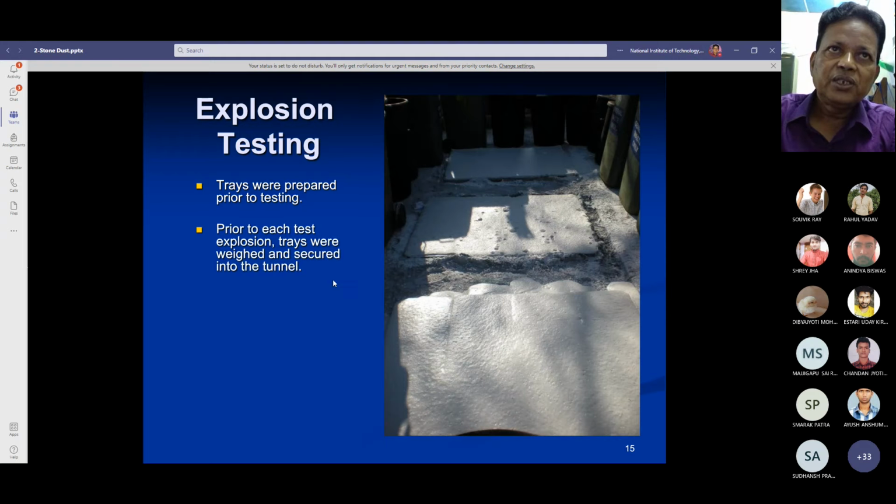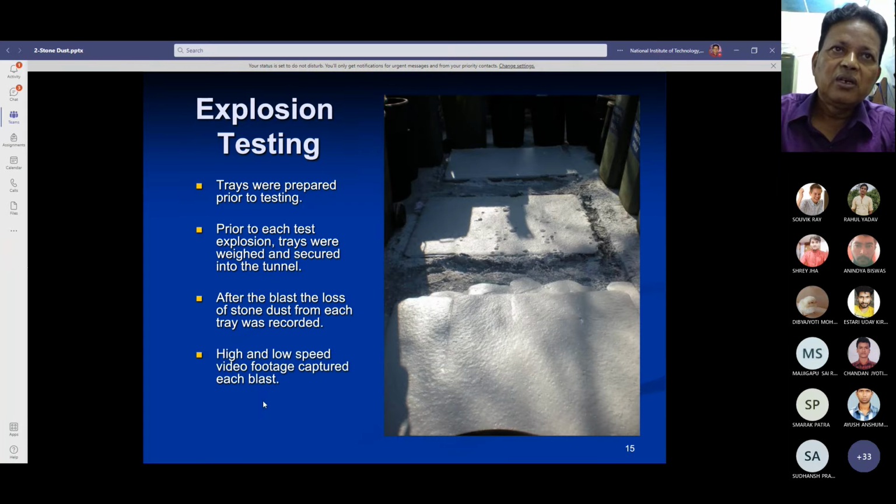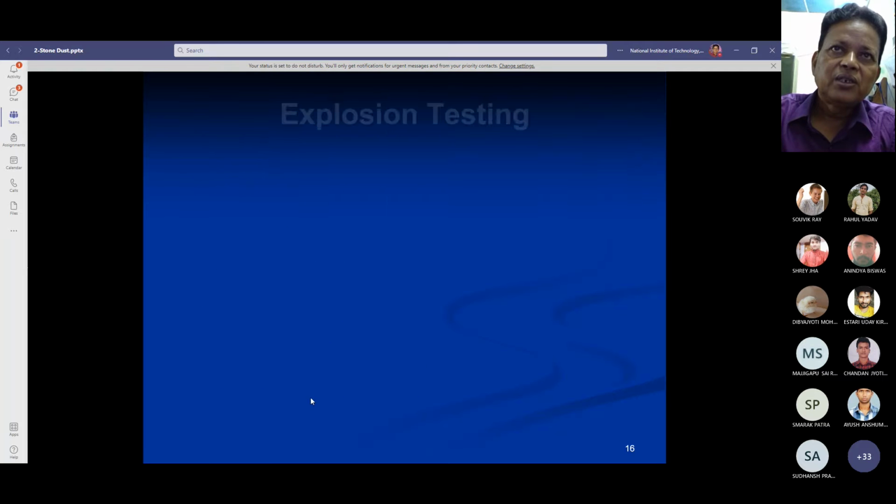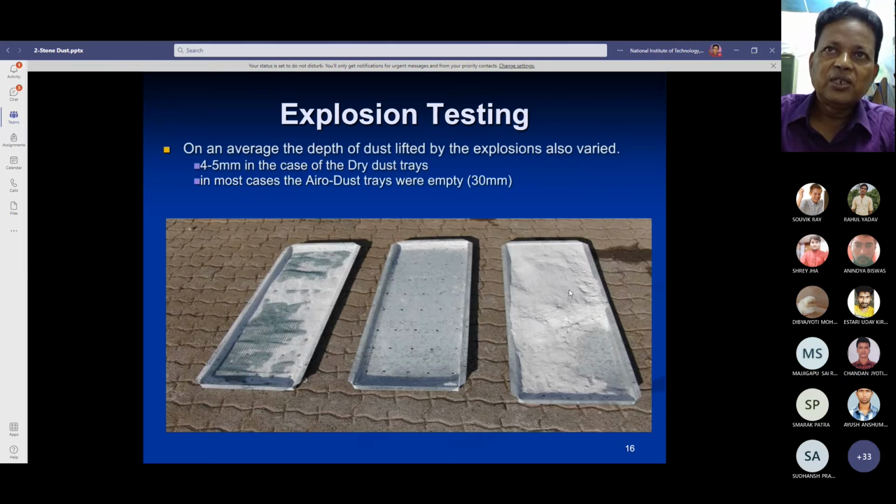Prior to each test explosion, trays were weighed and secured into the tunnel. After the blast, the loss of stone dust from each tray was recorded. High and low speed video footage captured each blast. So these are the stone dust trays.